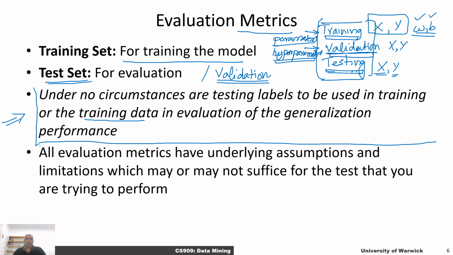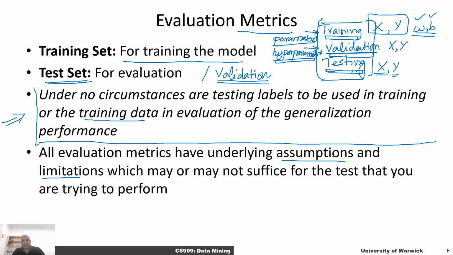Out in the real world, it may fail, because it doesn't satisfy those assumptions. So all evaluation metrics have underlying assumptions, as we are going to see, and they have limitations of where you can and cannot or shouldn't apply them. And we should always remember those limitations and assumptions.